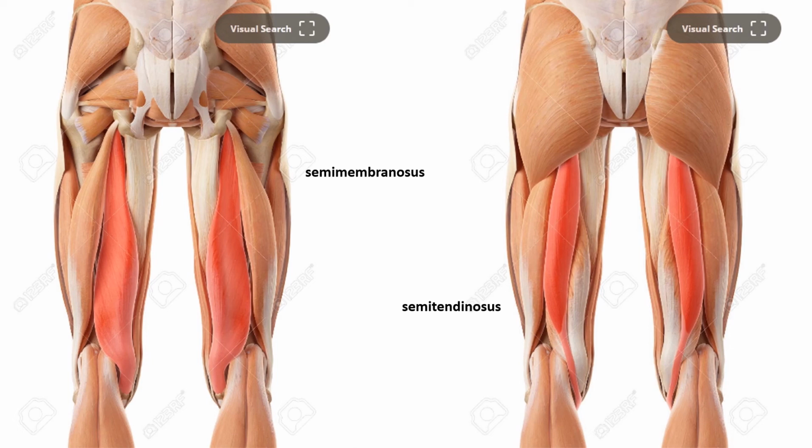On the right image, you can see that the red marked muscle is the semitendinosus, and if you compare the two shapes, they are a bit different.